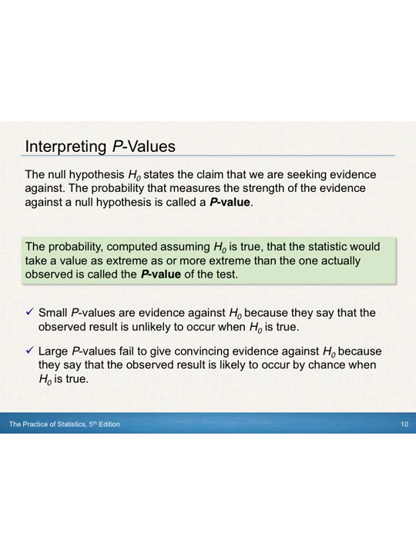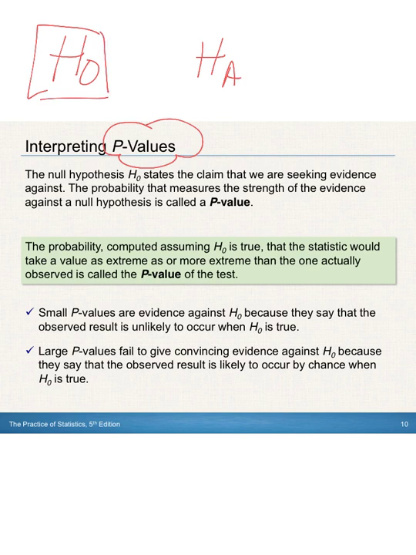So before I talk about p-values, I just want to make sure we understand the null hypothesis and the alternative hypothesis. The null hypothesis works a lot the same way that our criminal justice system works, ideally, of course. In the United States, you are ostensibly innocent until proven guilty.